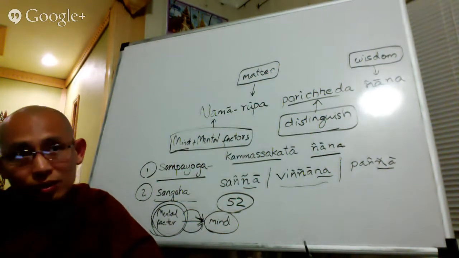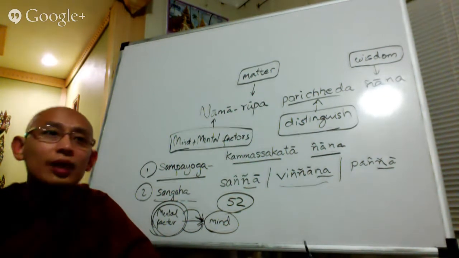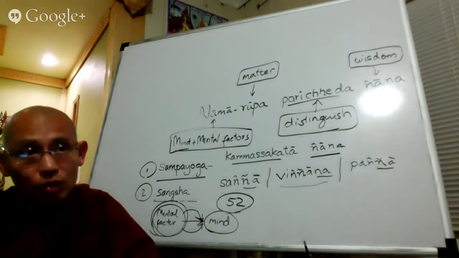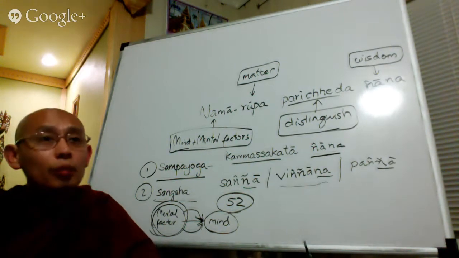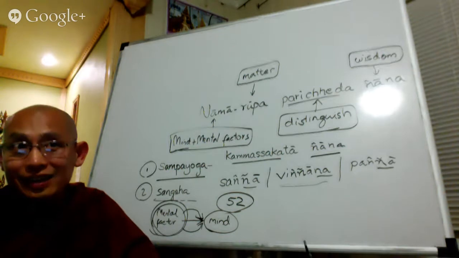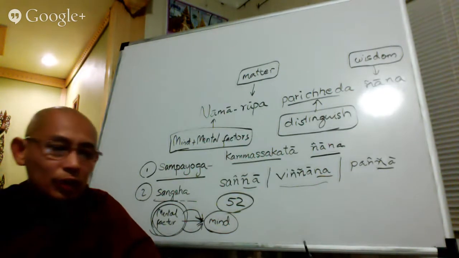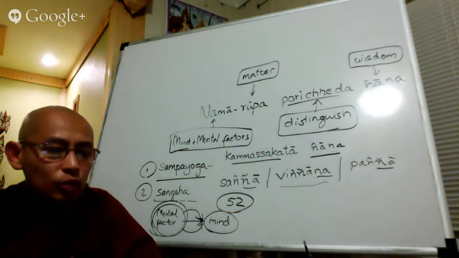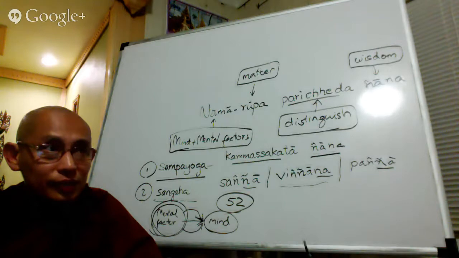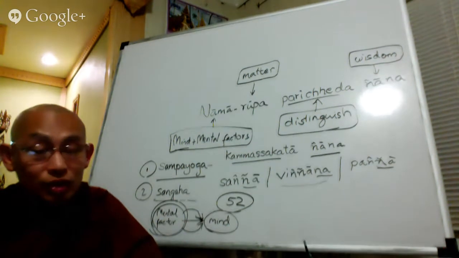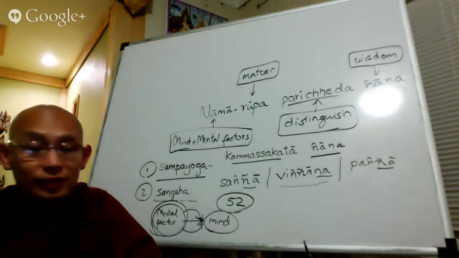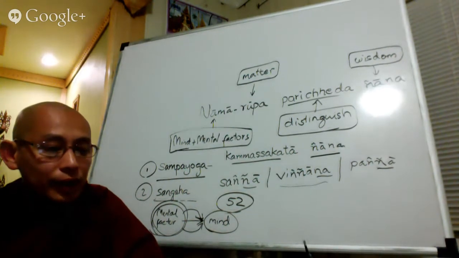In the same way, ear consciousness, nose consciousness, tongue consciousness, body consciousness, altogether 10. In Pali we call it dvi pancha vinnana. Dvi is 2, pancha means 5, vinnana is sense consciousness.